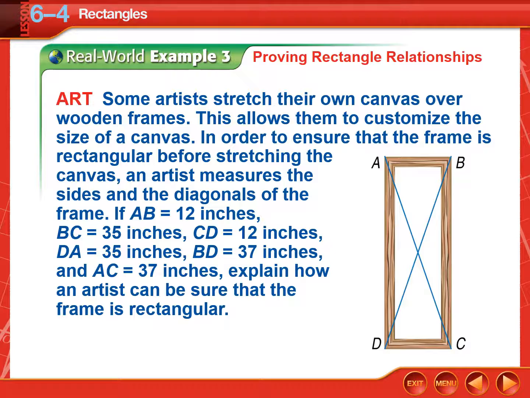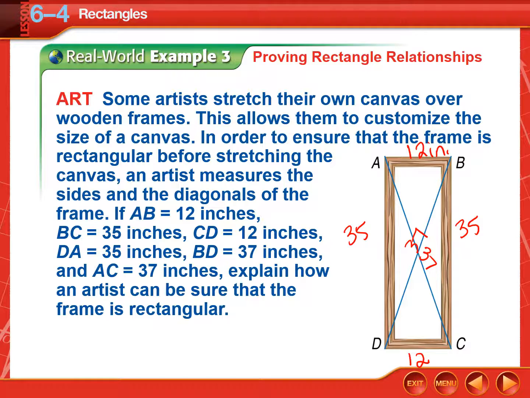If AB is 12 inches, and BC is 35 inches, CD is 12, and DA is 35, and then BD is 37, and AC is also 37. Explain how an artist can be sure that the frame is rectangular.